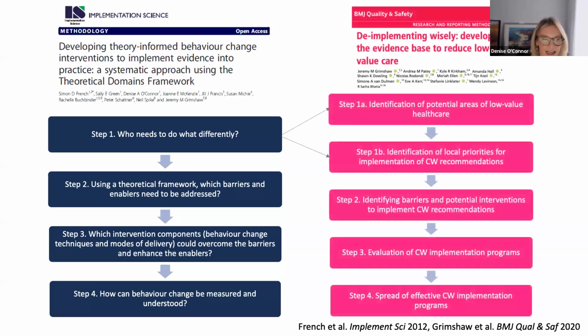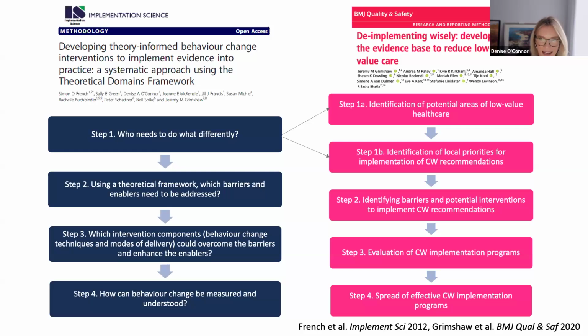More recently, Jeremy Grimshaw, who's a leading figure in implementation science, as well as his colleagues from Canada, adapted that model with a specific focus on de-implementation of low-value care, which is increasingly getting more and more attention in the literature. And of course, we want to reduce that.